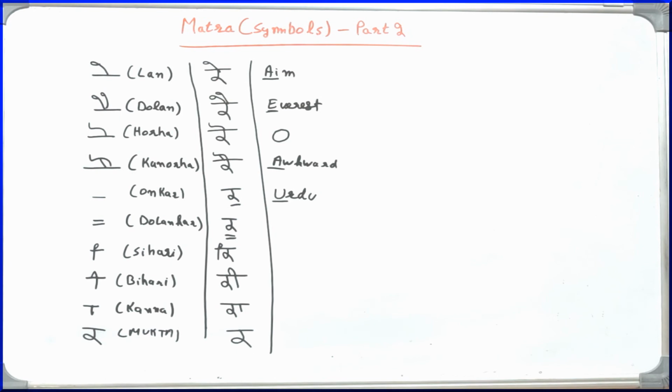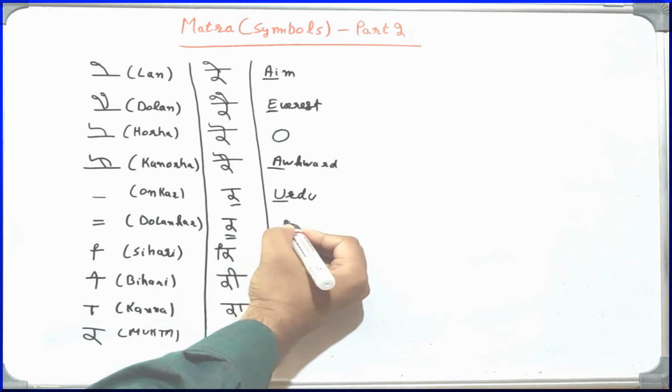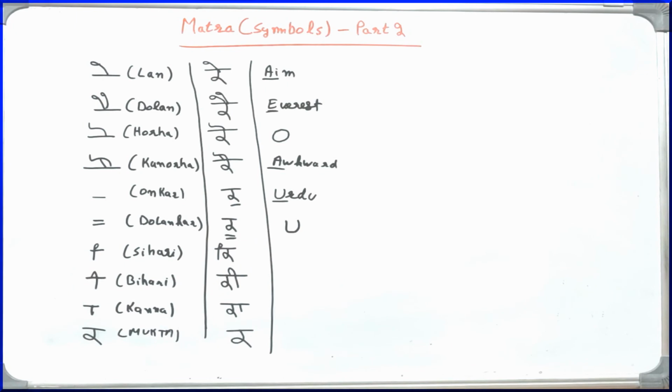Then we have the Dulankar. The Dulankar sound we can represent with the oo in moon. How do we pronounce it? Oo. That oo sound is the sound of the Dulankar. Kakka plus oo will become koo.